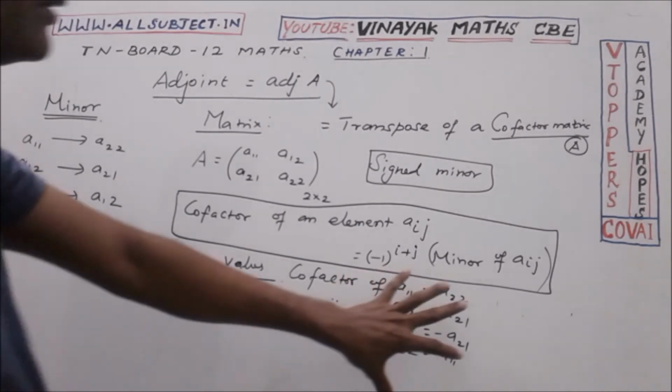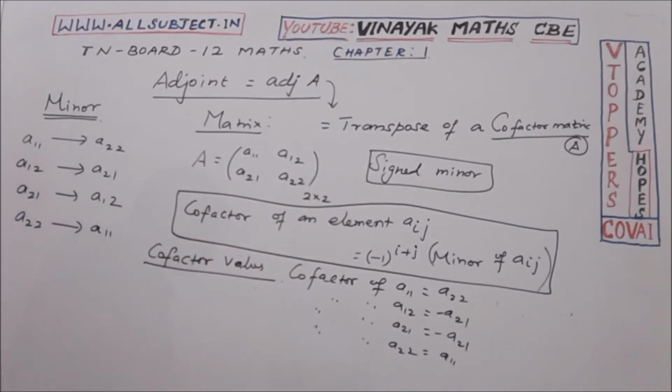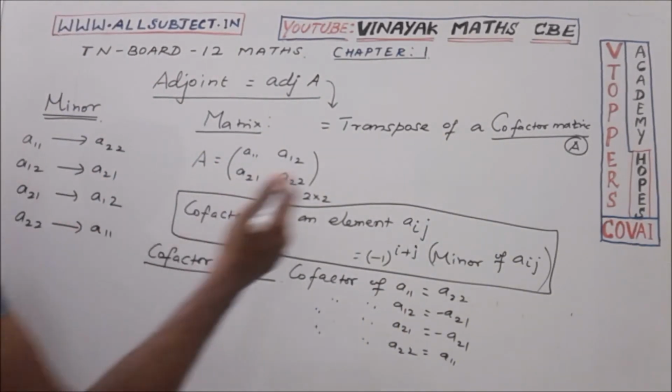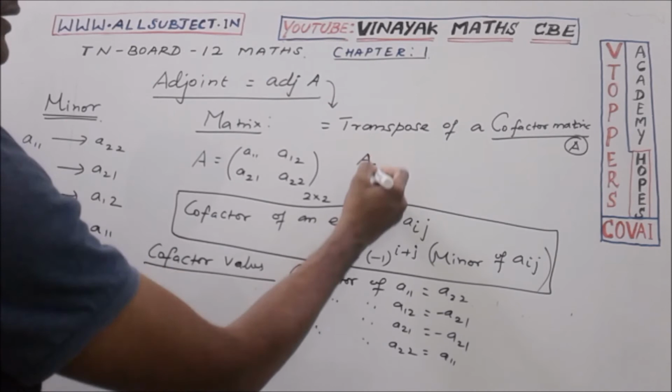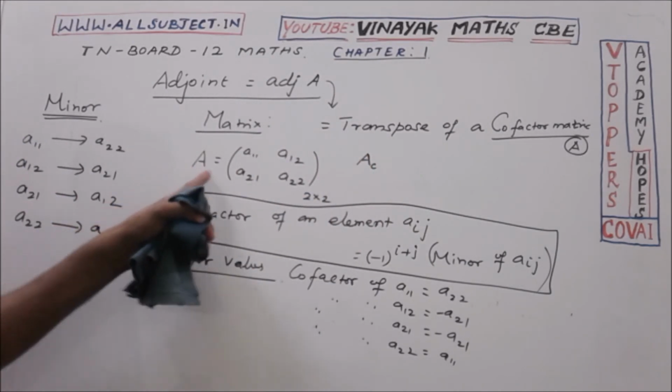Then we arrange these cofactors in a particular order. That is known as the cofactor matrix. Now I am calculating the cofactor matrix. If we write the suffix C, it is known as the cofactor matrix. This is the given matrix.